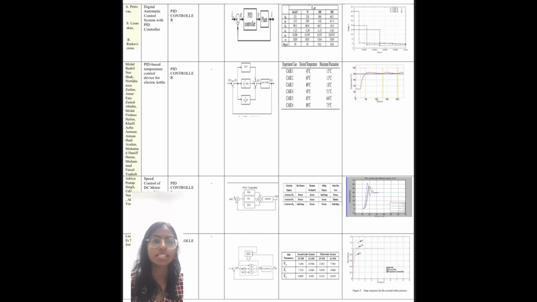The next article is about a multi-population genetic algorithm approach for PID controller auto-tuning. It also uses PID controller, and it has two results, and it also has a parameter table.